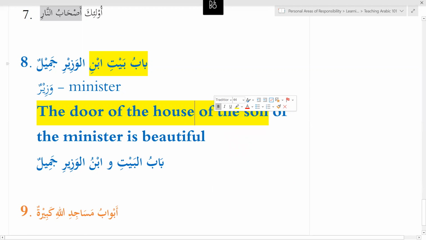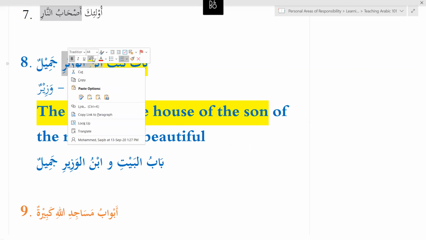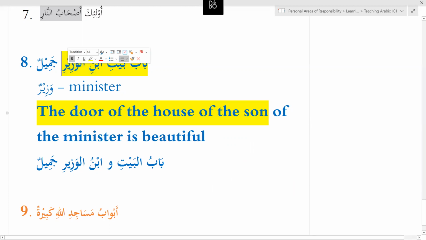There's another of here because Ibni follows the rule: no al, no tanween. Al-Waziri has kasra, so there's another of here, and al-Waziri has al. So it is of the wazir, of the minister. So the door of the house of the son of the minister. There are three ofs: one of, two of, three ofs.